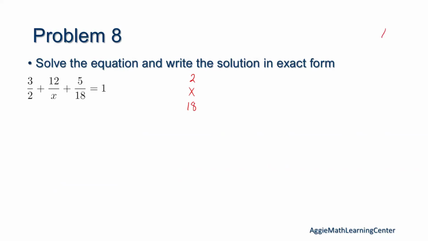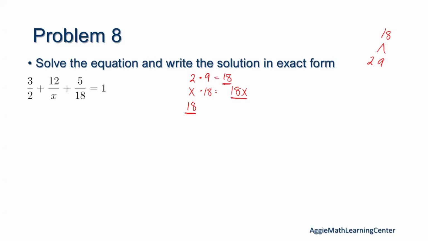I can factor 18 into 2 and 9, so I could multiply this 2 by a 9 to get 18. But still, they're not all the same. So I could multiply this x by 18 and get 18x. So now we've got an 18, an 18x, and another 18.